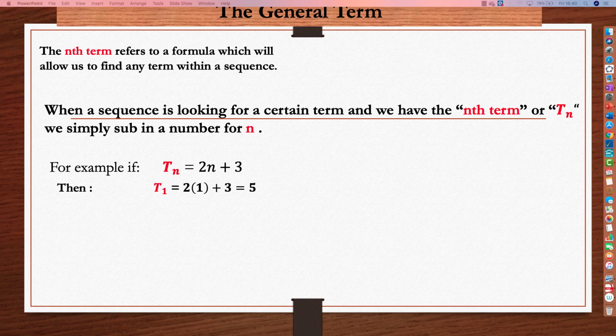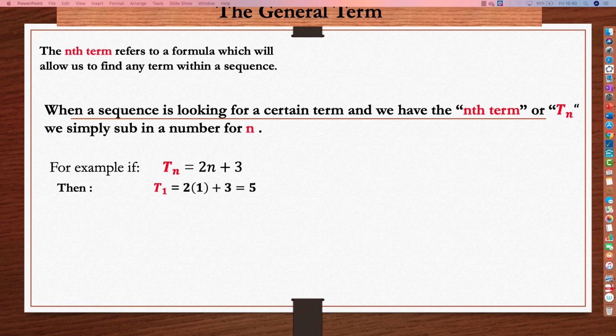The first term in this sequence. So this is our rule, which allows us to find any number in the sequence, right? And I want us to find the first term, so number 1. So instead of n, I put in 1 because n is there. So T1 is 2 times 1 plus 3, which is 5.